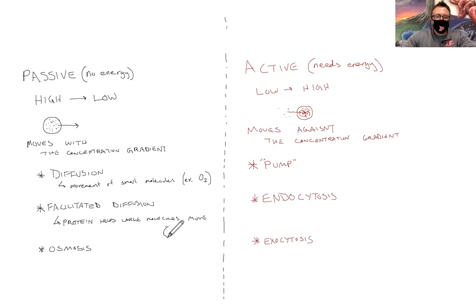A famous example, in our cells, we have a little protein, it's an opening that lets glucose, which is a big molecule, right, into our cells. And that's facilitated diffusion. Why does glucose need help? Because glucose is big, right? Glucose is C6H12O6. So glucose has 24 atoms. So it's a big molecule, right? It needs some help to get in our cells.